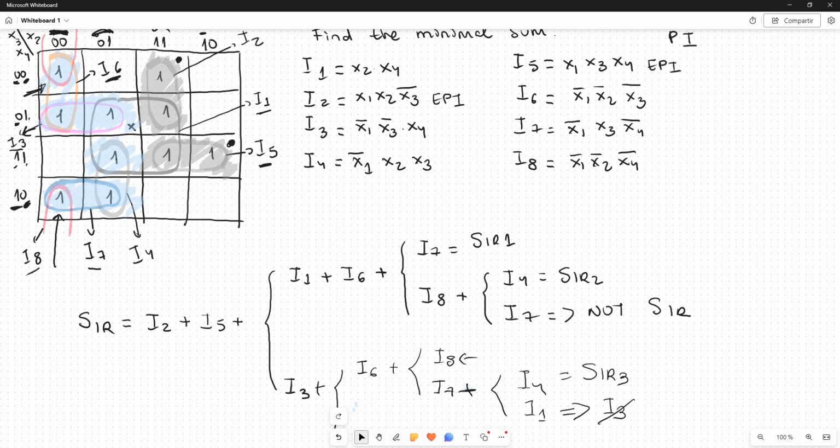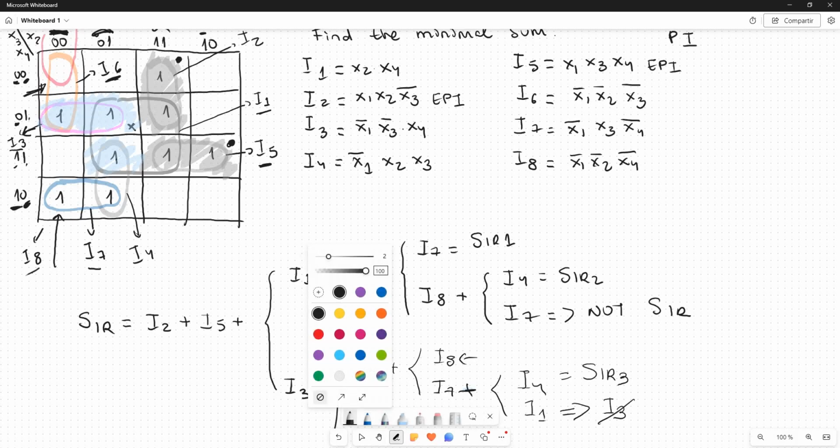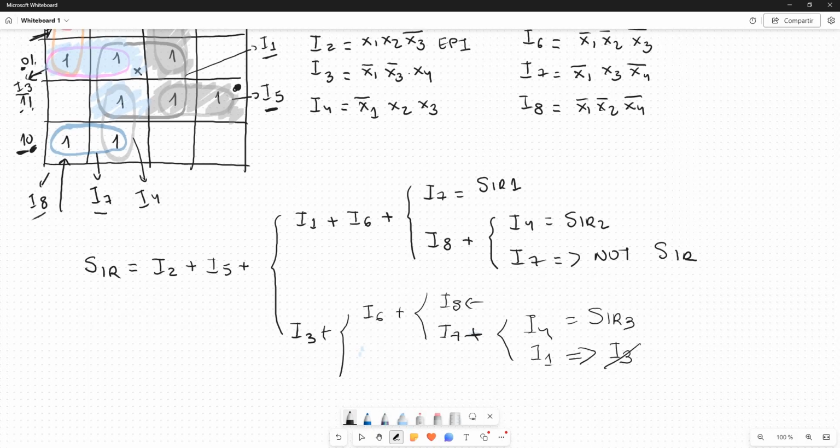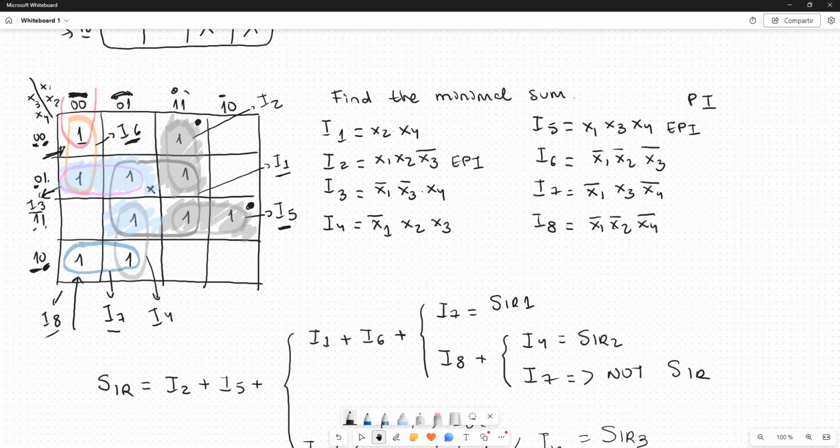So now we are going to explore what happens with the other possibility. If we use, just let me delete this. If we use S to cover the cell here, the other bifurcation. Imagine that we use implicant H to cover this.